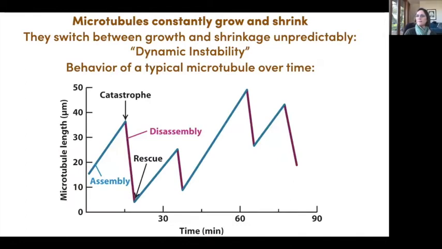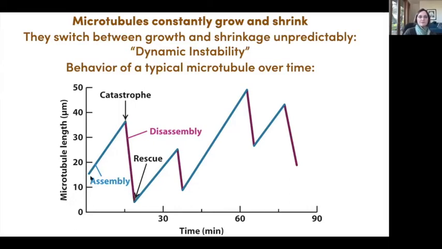This shows an example of the length of a given microtubule over time. You can imagine that if you took a movie like the ones I just showed you, and you actually measured the length of an individual microtubule, it might get longer and then suddenly start getting shorter and then longer and shorter and so forth.